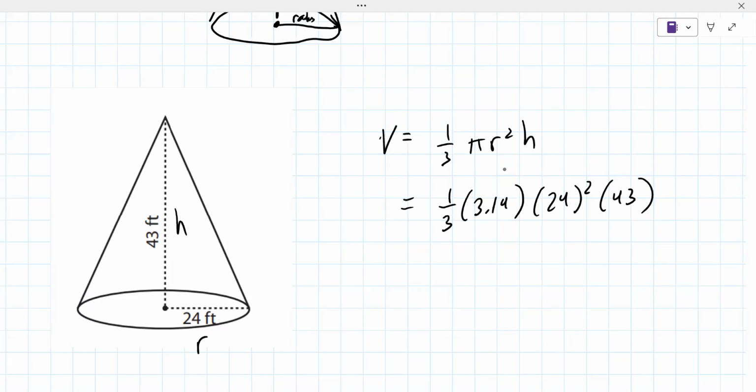I got 25,923.84. Yeah, so sometimes the numbers don't really mean anything, right? They're just whatever. But the point is to be able to put them into the formula, which is what we're doing. So let's look at another problem.